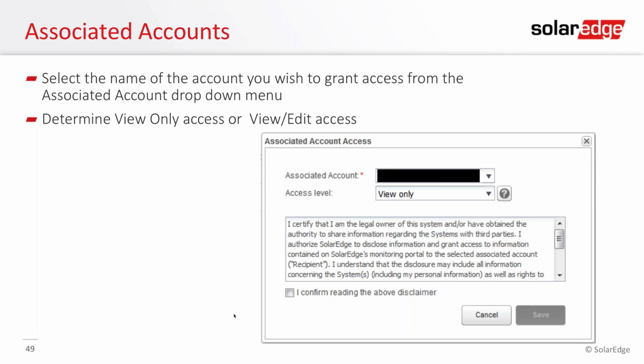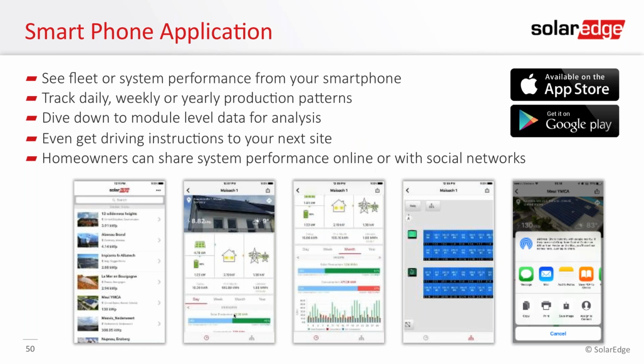The two options available are view only or view and edit. Of course, once again, read our disclaimer and click save. Once that is complete, you are done, and you have now shared a customer site with the account you've associated with.